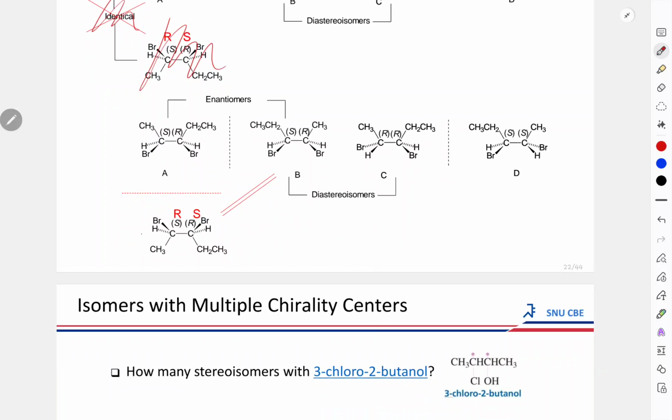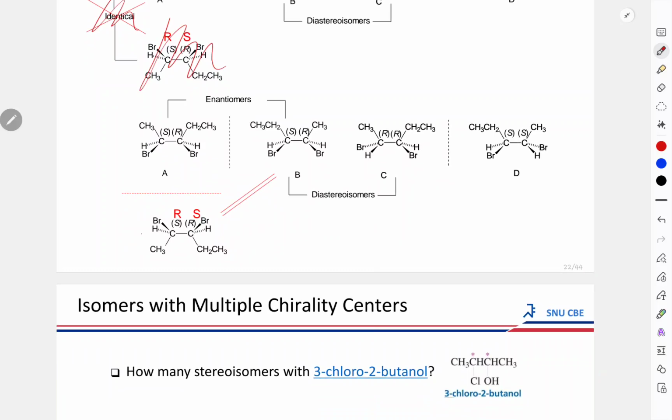And here you may notice the terminology, erythro and threo. Erythro indicates that in the Fischer projection, if the substituents are on the same side, the hydroxyl group and chloro group, for instance, this is defined as erythro.